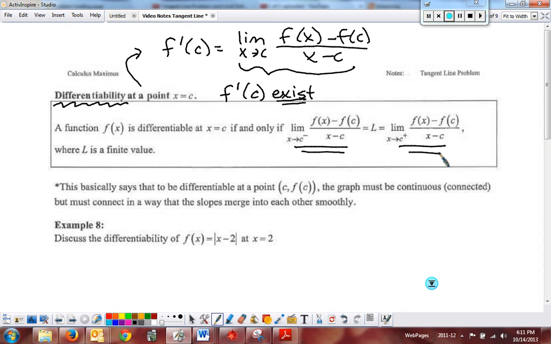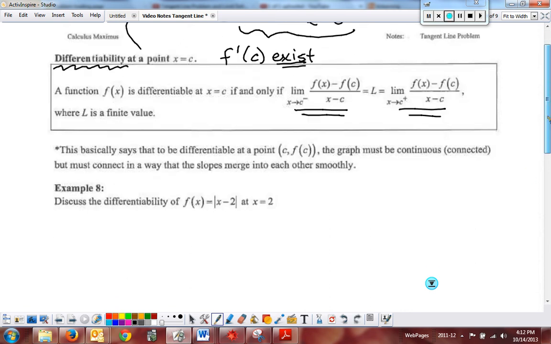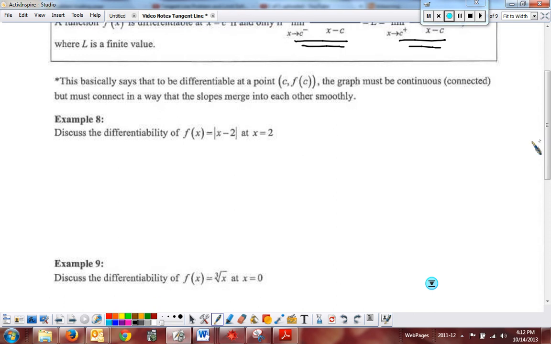Now, obviously, we're thinking about what's going on here. We're saying that it's going to be differentiable, that first the graph is going to have to be continuous and connected. F of c is going to have to exist, and it must connect together in a way so that the slopes are going to smoothly merge into each other, that there's going to be a limit process. All right, so let's take a look at some examples.